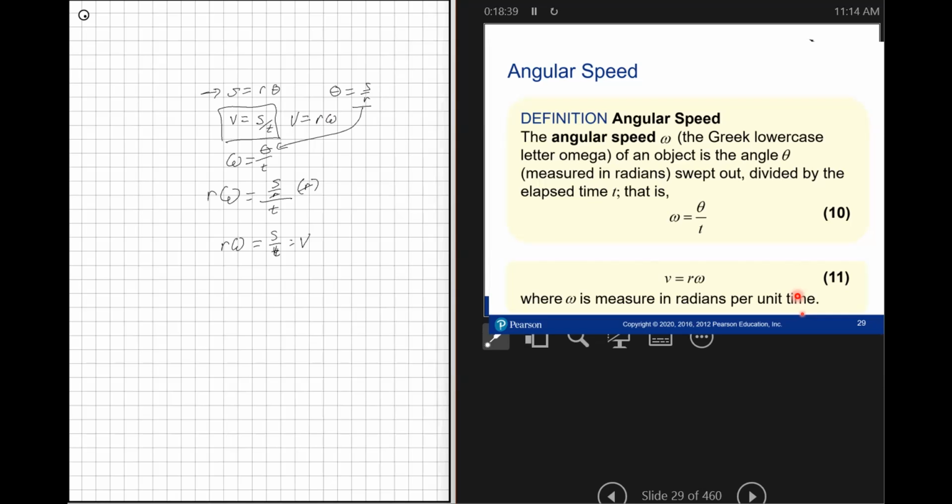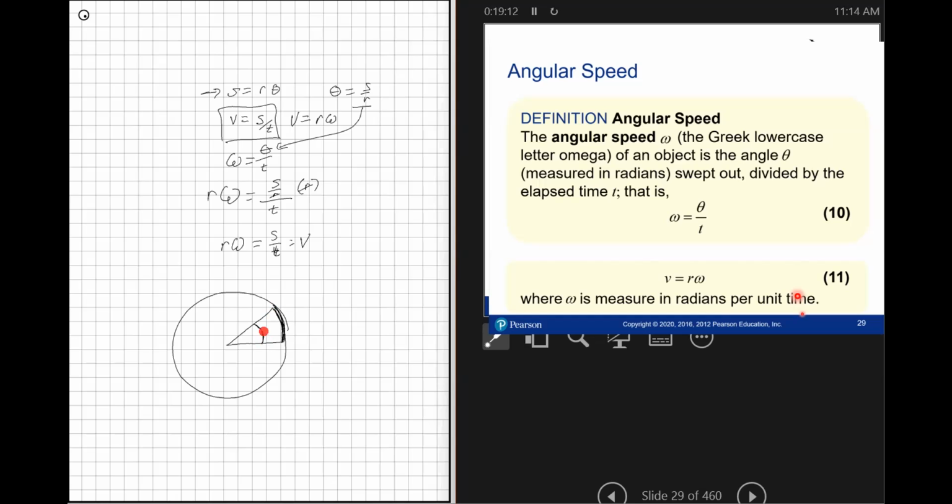So the speed on the arc, so we're talking about what happens on this arc, can relate to the speed of the creation of the angle, to the linear speed.